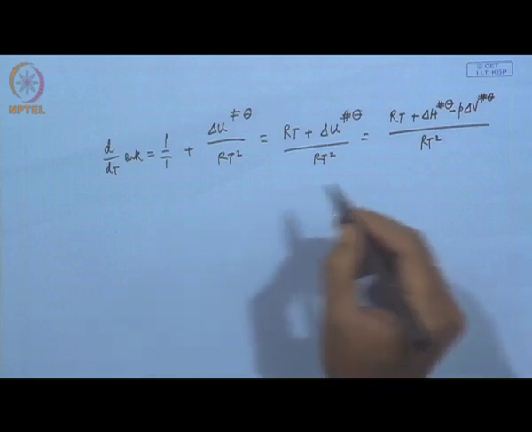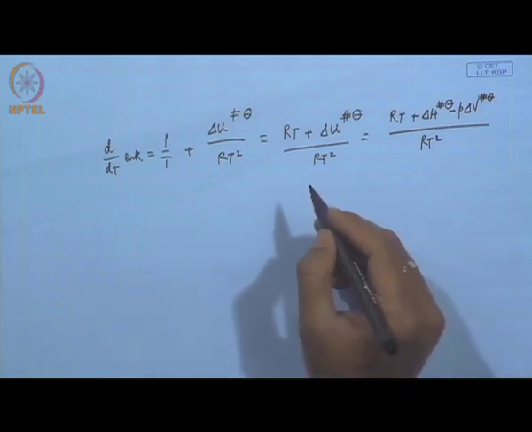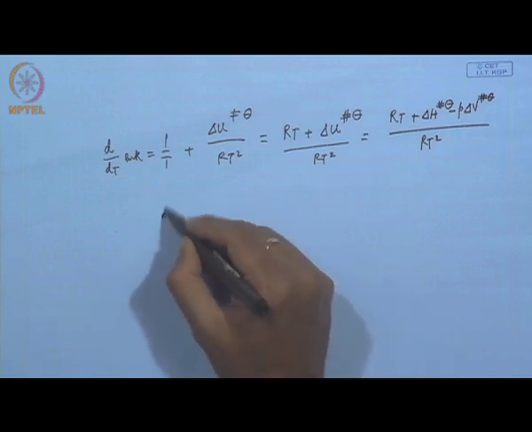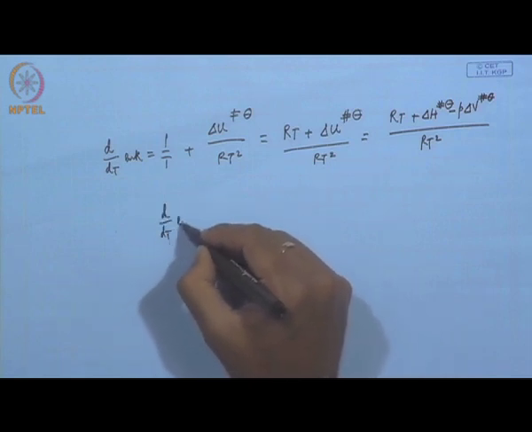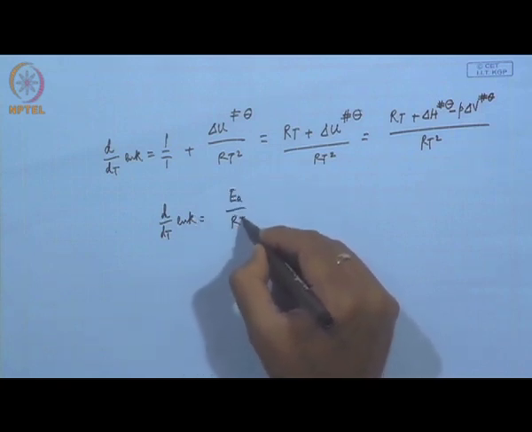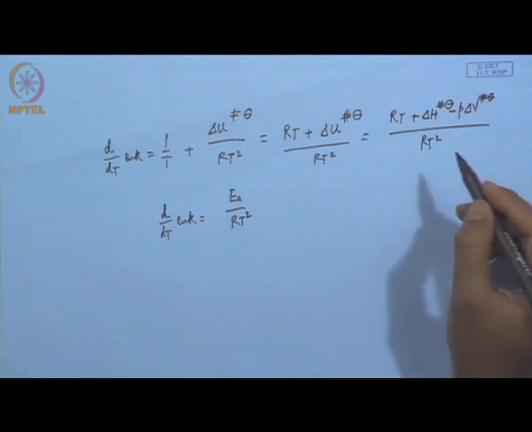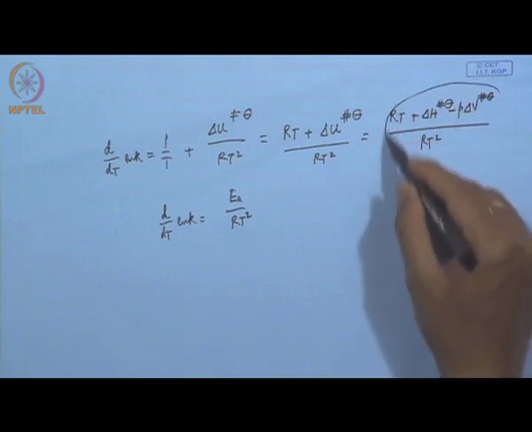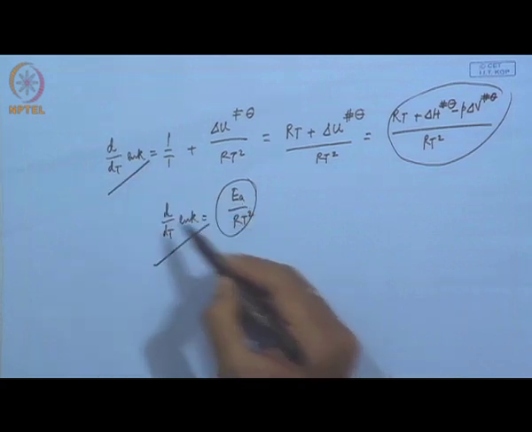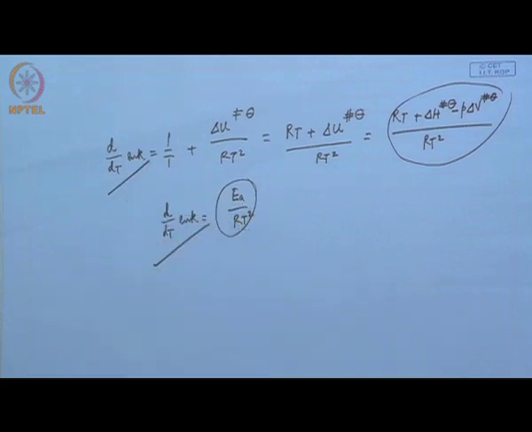So, now let us write the well-known Arrhenius equation, which all of us know: d/dT of ln k is equal to EA by RT square. Now we are in a position to compare this with this one, because the left hand sides are identical. So, what do we get?